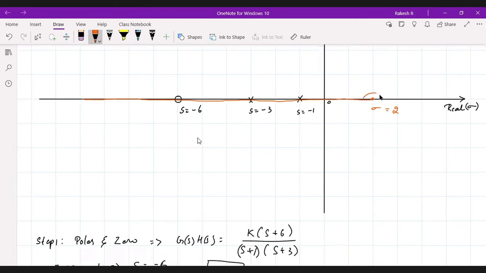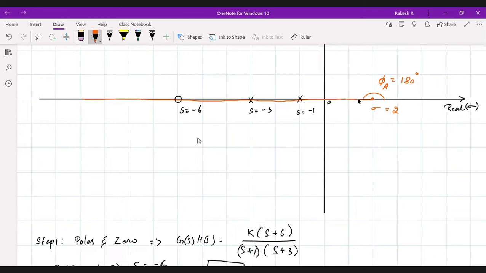This is the angle of the asymptote, phi a equals 180 degrees here. We got the centroid as 2 and the asymptote angle as 180 degrees. This is how we'll be marking it in the s-plane.